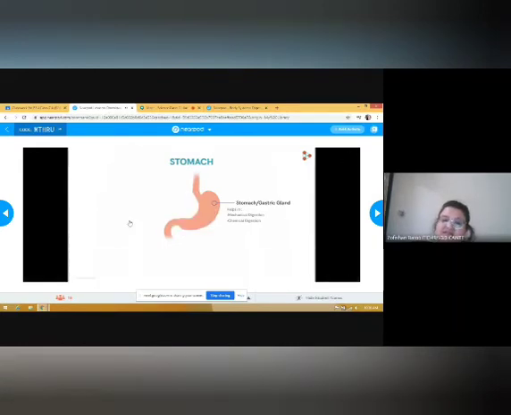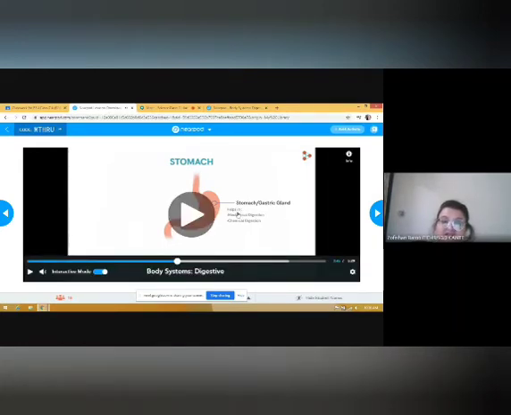Again, this is important: the stomach also helps in this. There are two ways your stomach is digesting food, mechanically and chemically. How mechanically? Because the stomach is a bag of muscles, so it has rhythmic movements again.